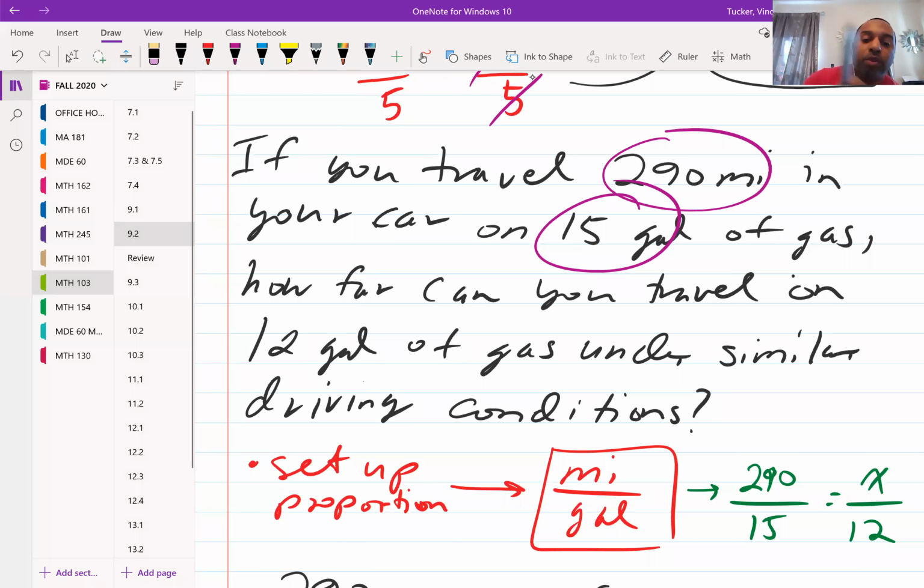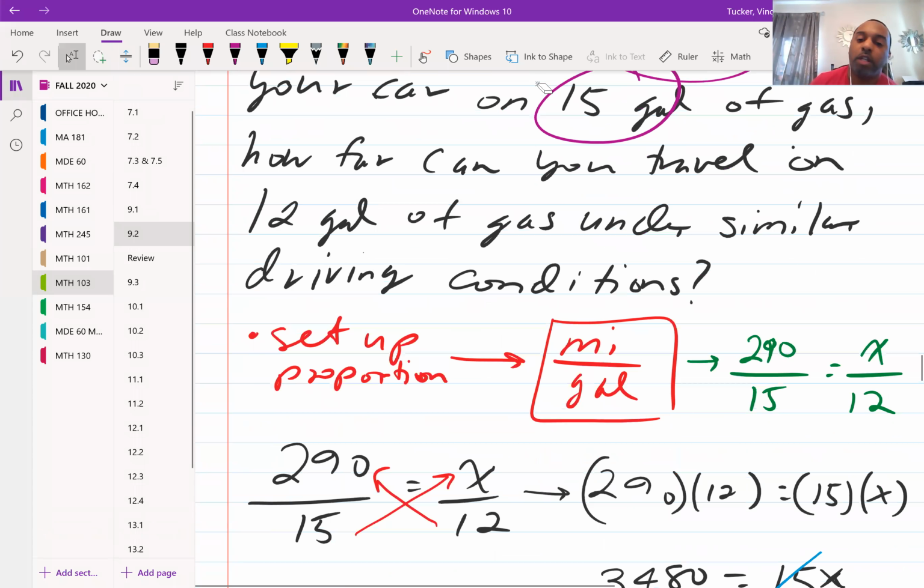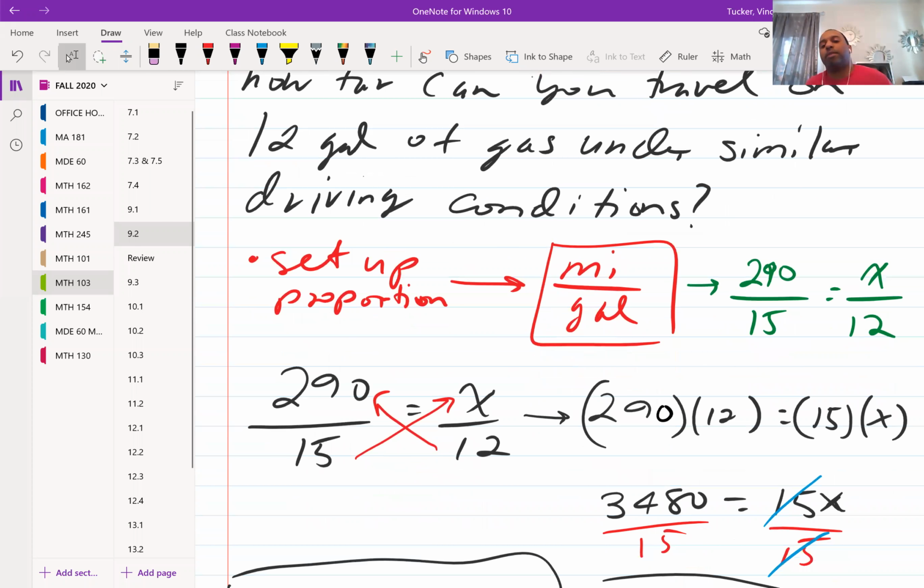Once you have your proportion set up, you can go ahead and cross multiply. That'd be 12 times 290, 15 times X. That'd be 3480 equal to 15X.